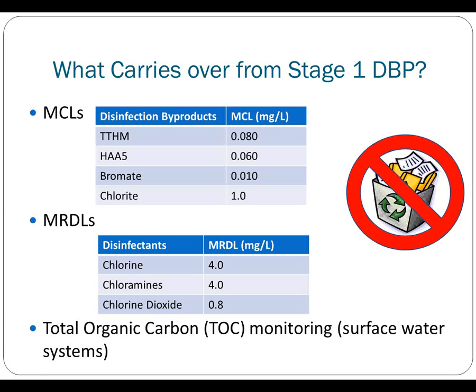As you know, if you were running a chlorine residual anywhere near 4, your customer base would be complaining well before you could maintain a residual over 4 for an entire year. Nonetheless, chloramines has an MRDL of 4, chlorine dioxide of 0.8. Total organic carbon still needs to be monitored for surface water systems.